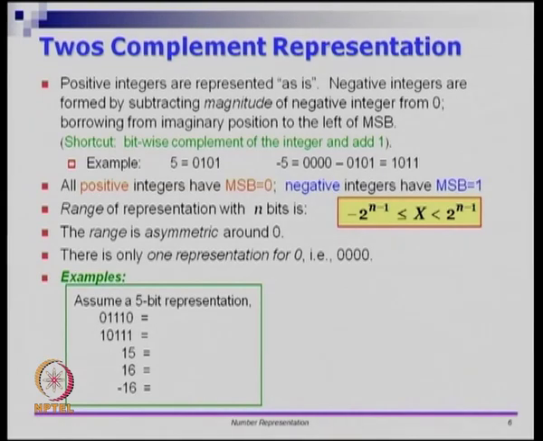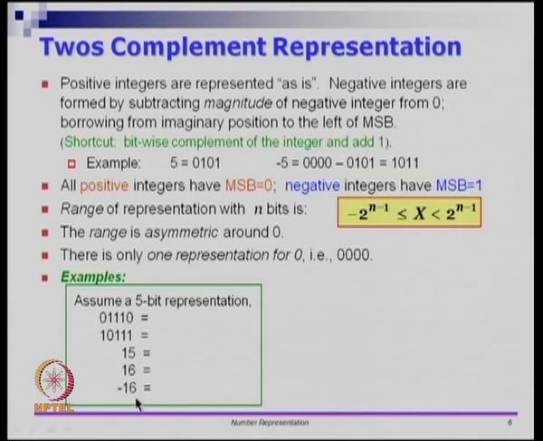However, if I represent that in 5 bits, it is going to be interpreted as a negative number. So 16 cannot be represented in 5 bits in 2's complement interpretation, because with 5 bits, 2 power 5 minus 1 is 2 power 4, which is 16, so x has to be less than 16. However, minus 16 is possible.